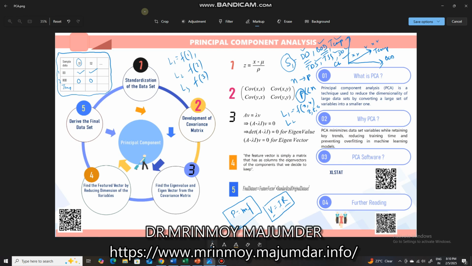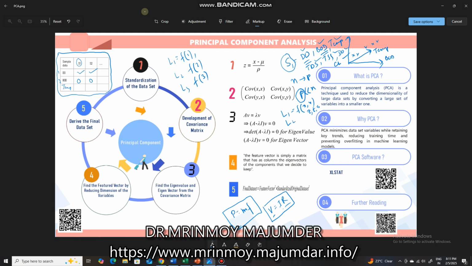So why PCA? I have discussed this. PCA minimizes dataset variables while retaining the key traits, thus reducing training time and preventing overfitting in machine learning models. A trend can also be easily identified if your dimension is lesser.